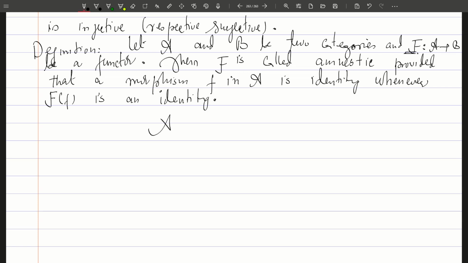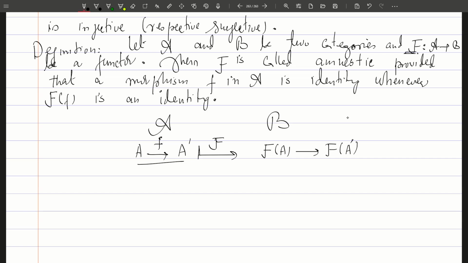So what we wrote here: suppose we have a category A and the category B, and suppose there is a morphism between the objects A and A prime in category A, and let us call the morphism this little f. Then under the functor F, this setup is mapped so that A goes to F of A, which is an object in category B. A prime goes to F of A prime, which is an object in the category B. So this morphism little f goes to F of f.